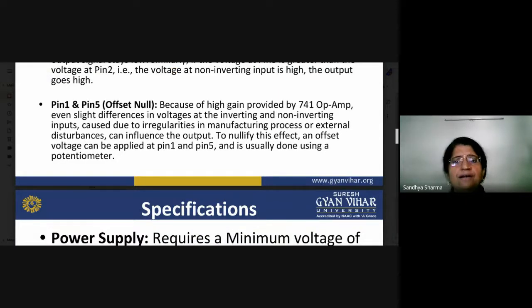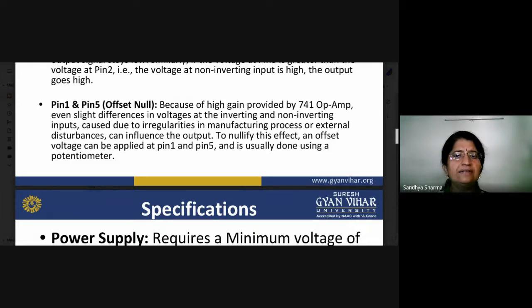due to irregularities in the inverting and non-inverting inputs, and due to external disturbances, there may be slight changes in your output. So even if you have not given any input voltage to pin number 2 and 3, there may be a slight output voltage at the output.